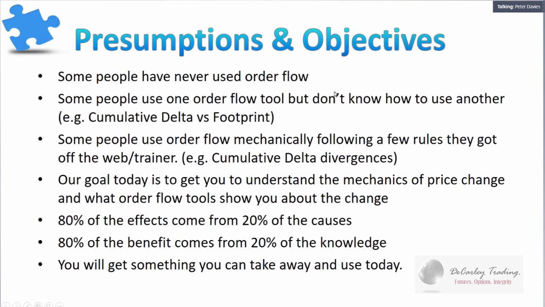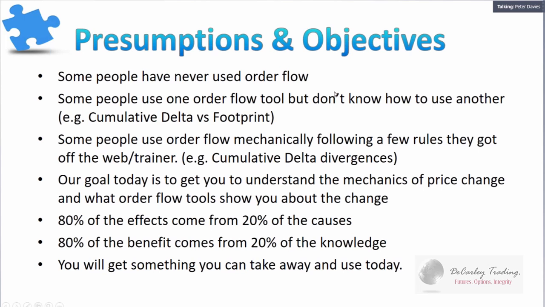So what we're going to look at is the theme or the theory or the concept or the principles behind all order flow tools. So our objective is to remove any remaining confusion about the theory of order flow so that you understand clearly what order flow is, why it's relevant, and how it can be applied.